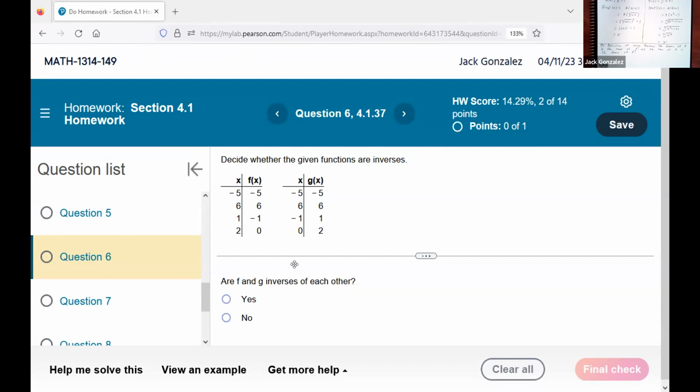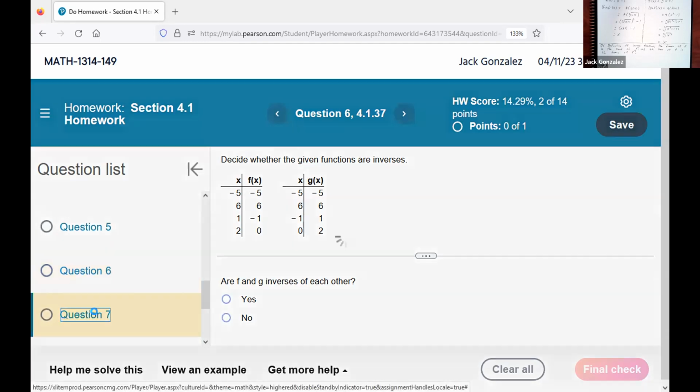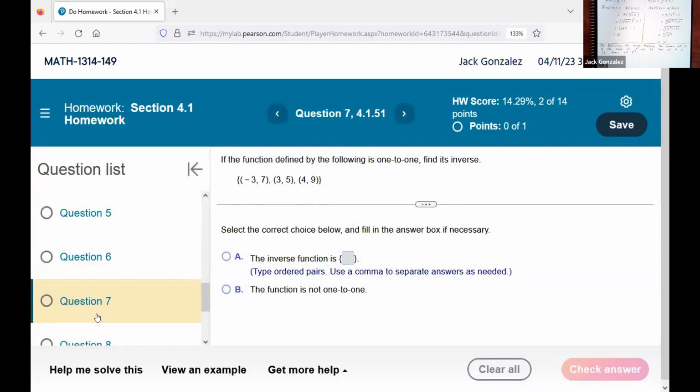So yeah, F and G are inverses for this specific example. Okay, does everyone see why? Okay. Let's do this one on paper.